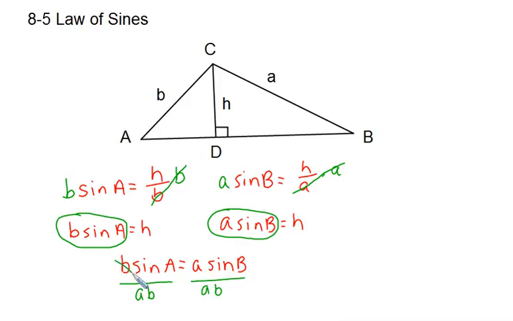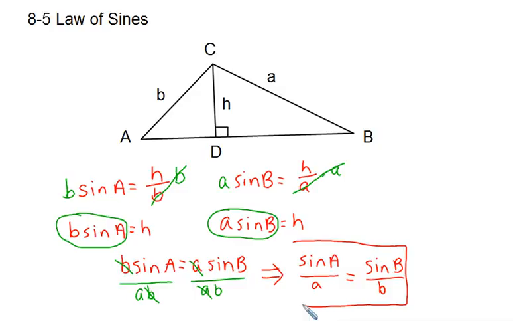And here the b's will divide out, and here the a's will divide out. And look at what it leaves me with. It's really quite nice. Leaves me with sine of A over lowercase a, this is the side opposite from angle A, equals sine of B over lowercase b. And this is the law of sines.